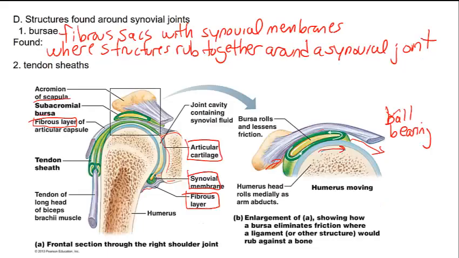Another structure you can see in this picture is called a tendon sheath. A tendon sheath is an elongated bursa that wraps around a tendon, kind of like a hot dog roll wraps around a hot dog.